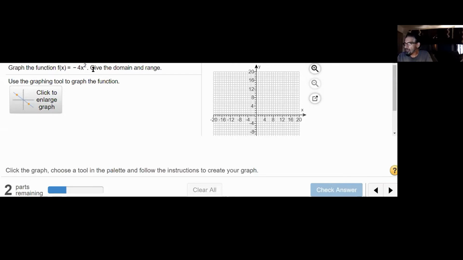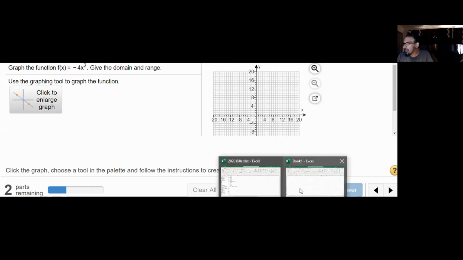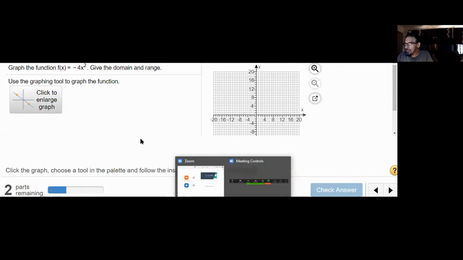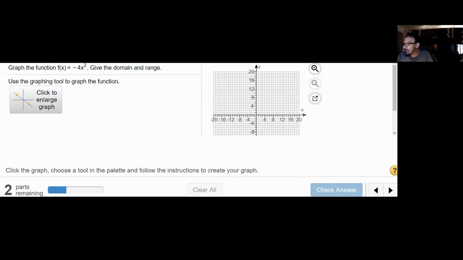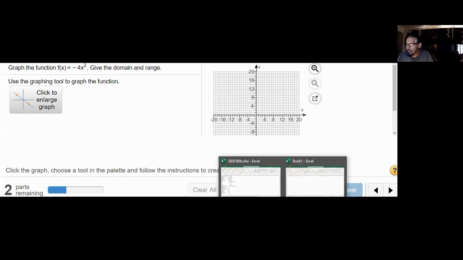Now, you should have already learned that y equals x squared gives you a parabola, and what this negative 4 is going to do is both flip it over the x-axis and stretch it vertically.